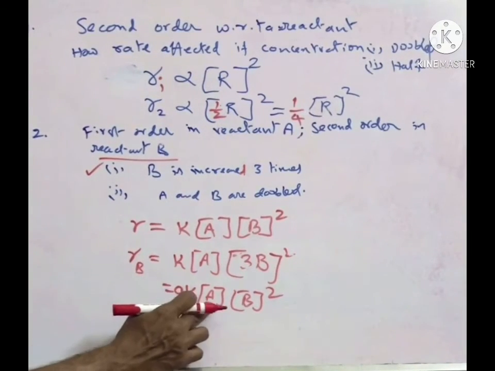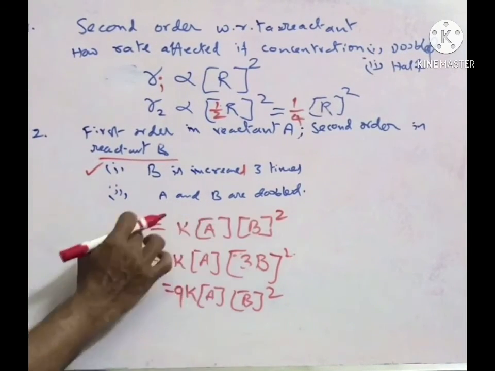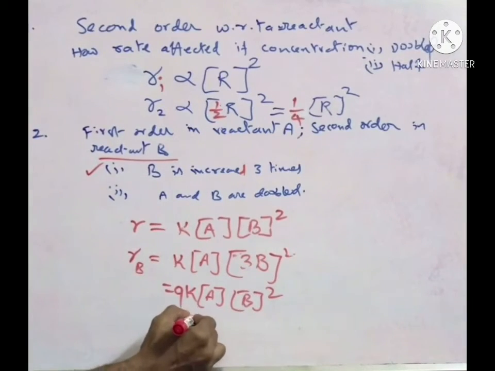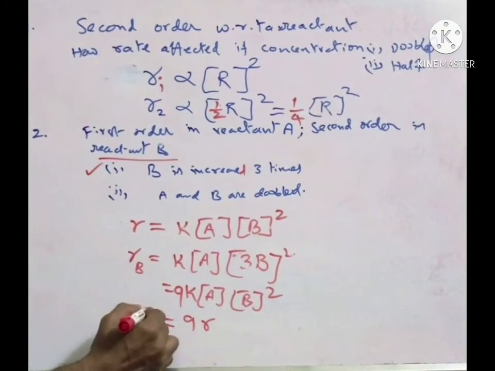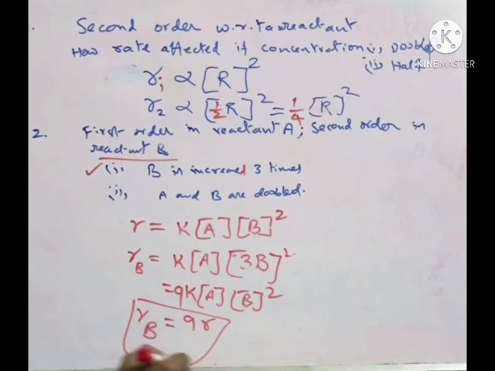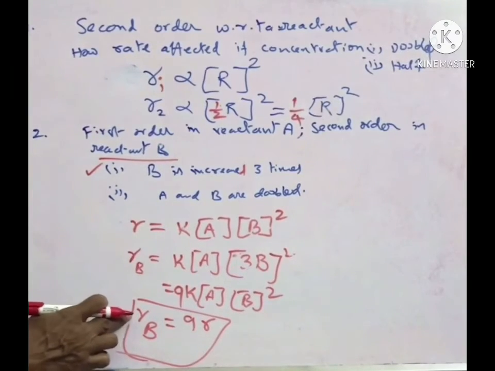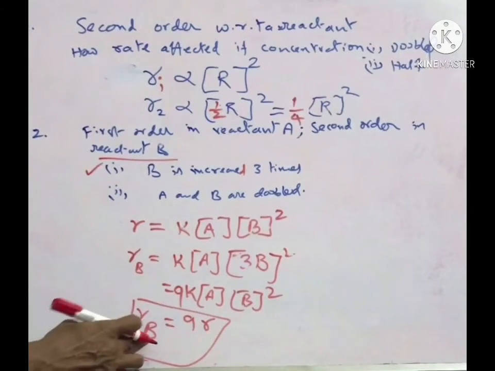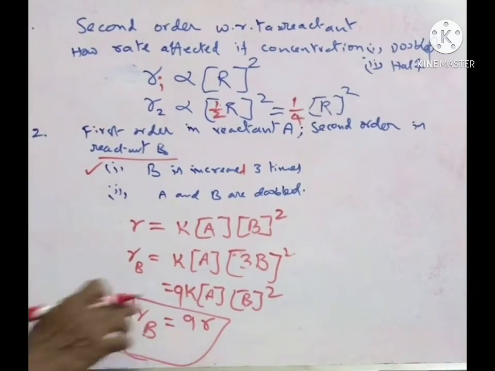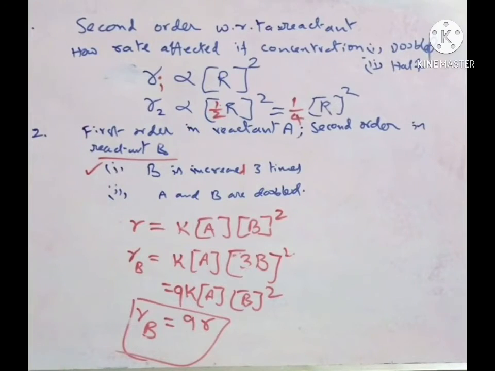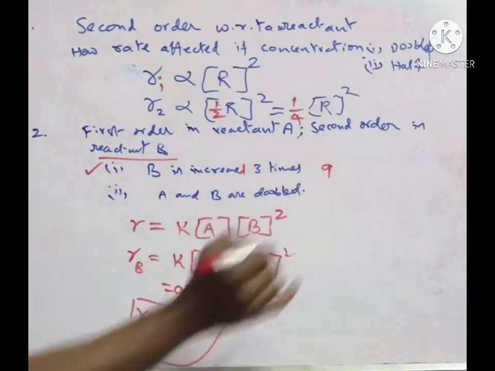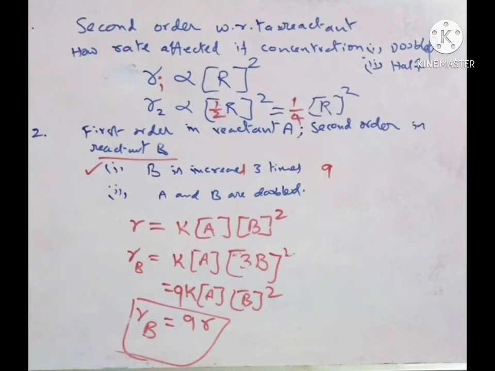So this K A B square equals R, so that equals 9R. So RB, that is the reaction rate when B is 3 times increased, will be 9 times the original rate of the reaction. So the rate of the reaction will be 9 times increased for this particular reaction.